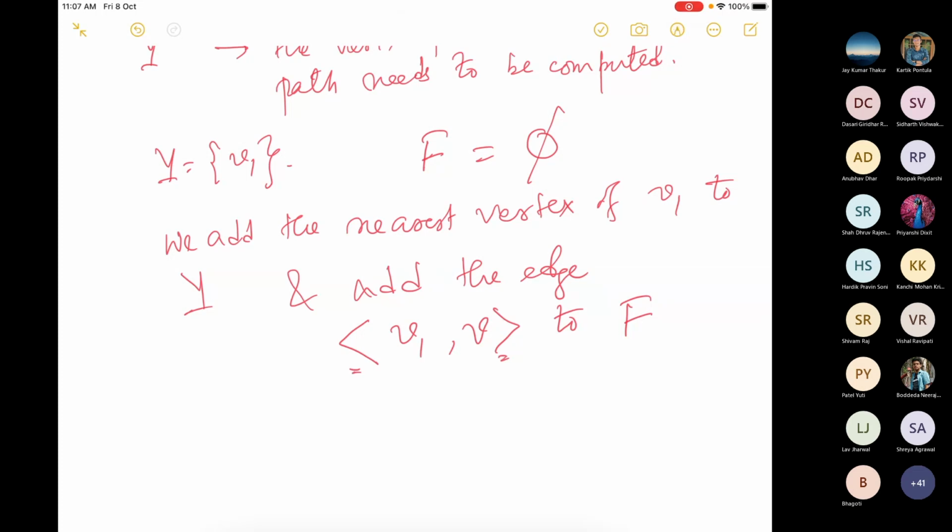So we are adding the edge V1V to F and the nearest vertex of V1 to Y. Let's call that vertex V. And definitely this is the shortest path from V1 to V.